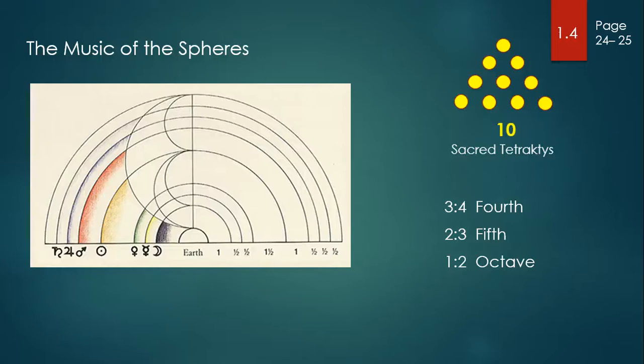So what the Pythagoreans decided was that everything that was on the Earth was harmonious, and everything that was in the solar system was harmonious because of the numerical relationships between those things.